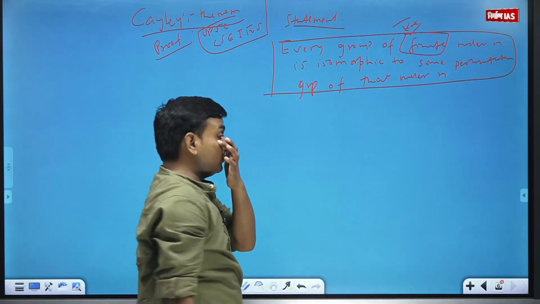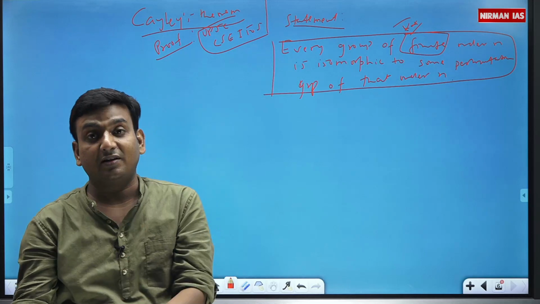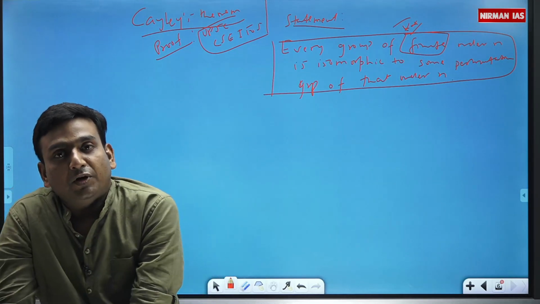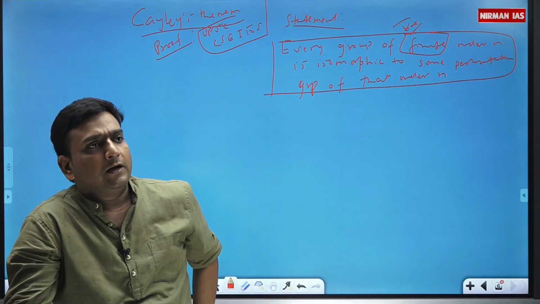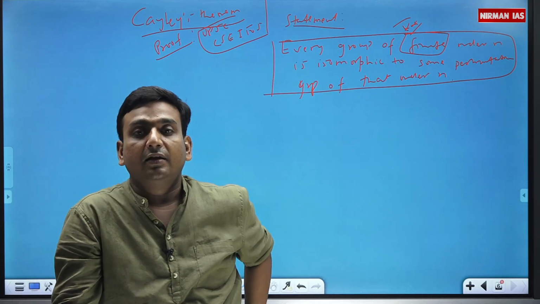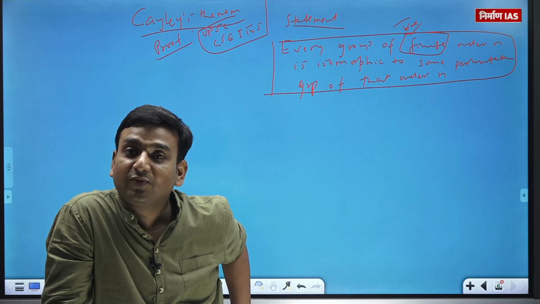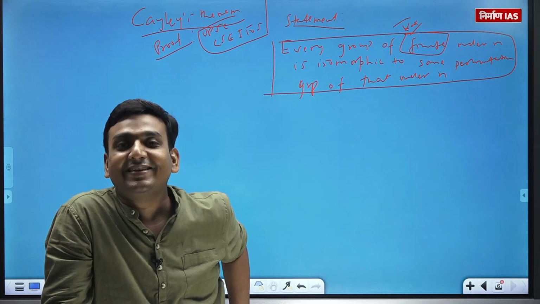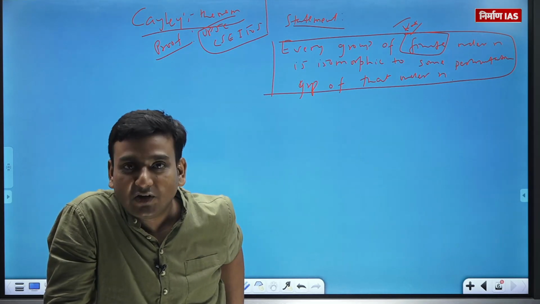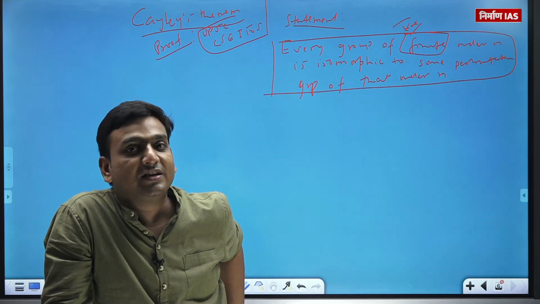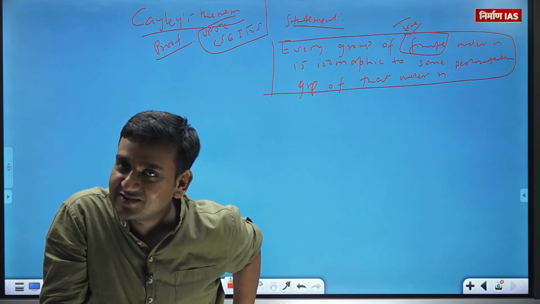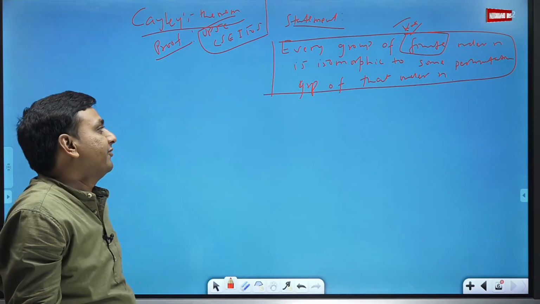Many people miss such keywords and they make blunders. So a group of finite order n is isomorphic to some permutation group. What is a permutation group? Collection of all 1-1 onto functions with the operation as composition of functions. Is that clear? Fine.